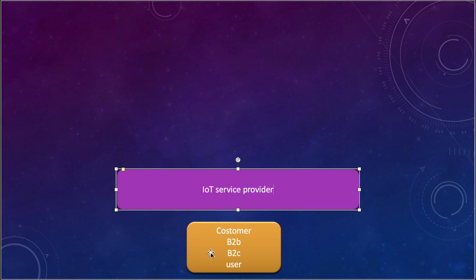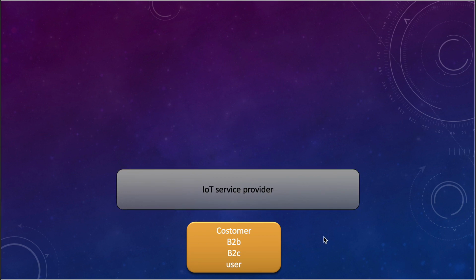So this company will connect with an IoT service provider. The main purpose of the IoT service provider is to be responsible for this customer, to provide IoT services, right? That would be the main part of it.